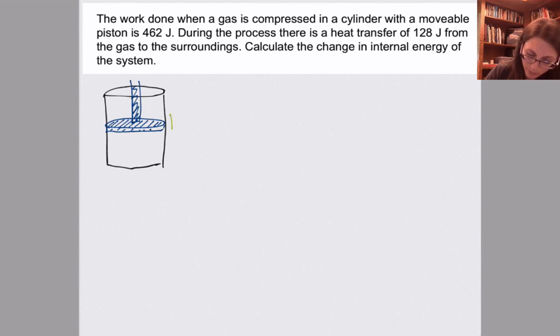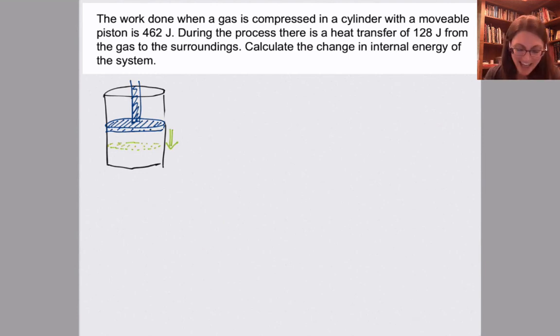So this is able to move up and down depending upon what's going on with the system. So during the actual process, the gas is going to be compressed. And if the gas is going to be compressed, that means that the piston is going to slide down.